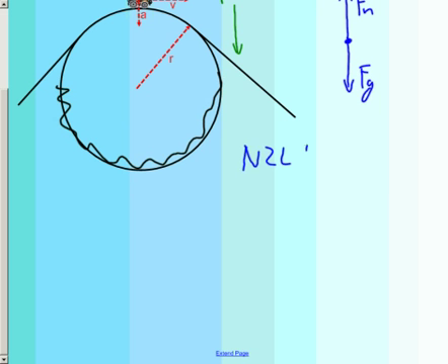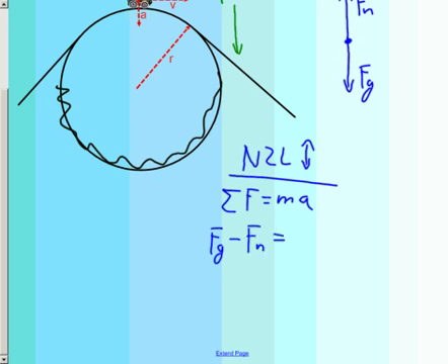Newton's second law in the up and down direction. We have the sum of the forces equals m times a. And this time, positive is down. So we have the force of gravity minus the normal force equals m v squared over r. Let's find the normal force in this case. Minus the normal force equals m v squared over r minus the force of gravity.